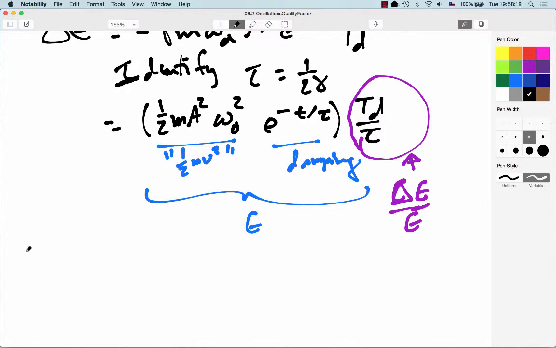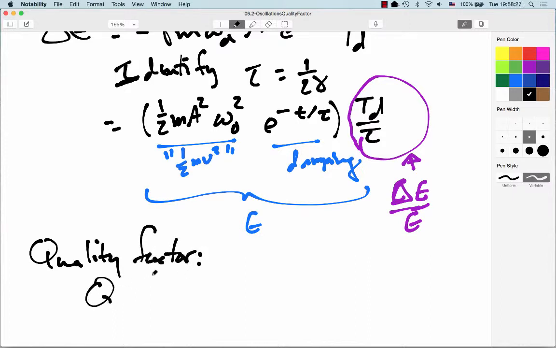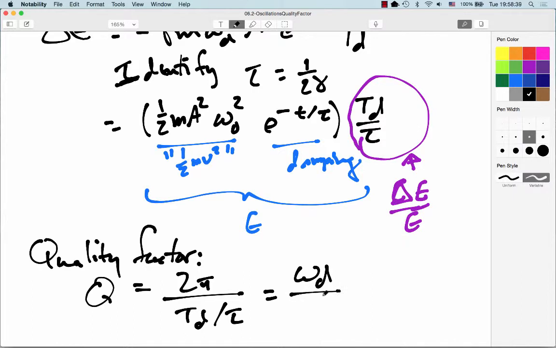The quality factor Q is defined to be 2 pi over that rate of change, TD over tau. So that becomes omega d, and if we want, we can go ahead and stick 2 gamma back in.